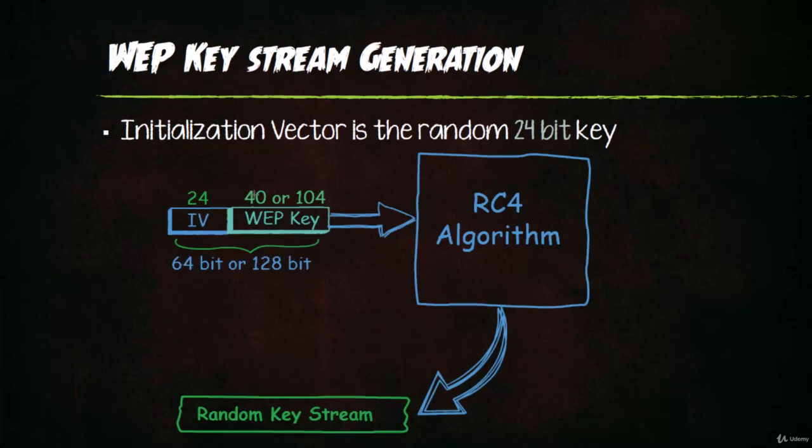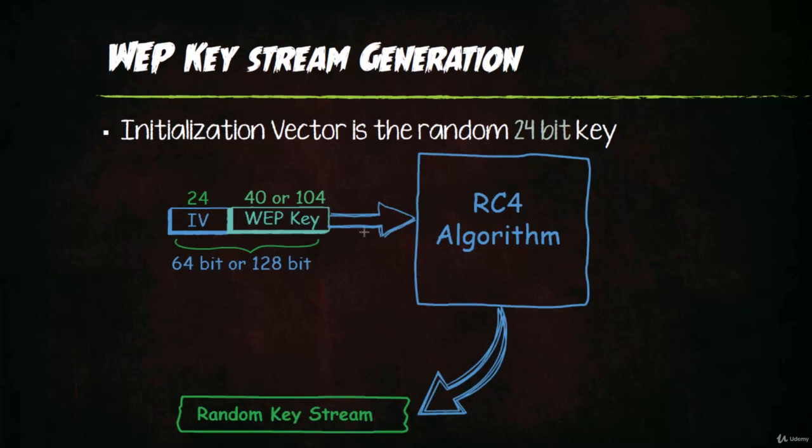So this is a password. We put this password in the access point when we set up WEP. This password could be a 40-bit or 104-bit value. And the initialization vector is a random key which is generated by this protocol. So by combining these two, we get a 64-bit or 128-bit key, right?